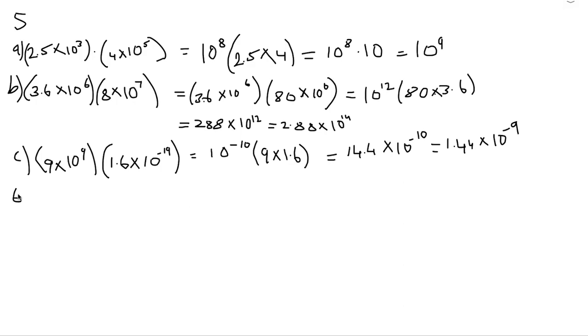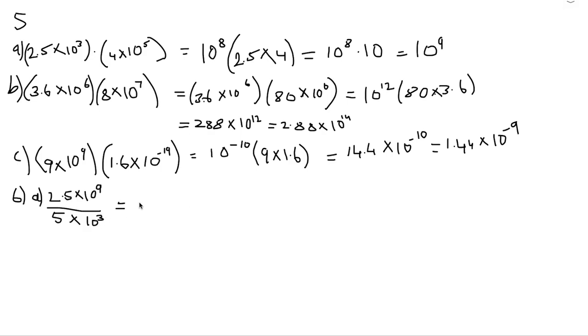Now the next set of problems, find the following quotients. We're going to find the quotients. First one, 2.5 times 10 to the power 9 divided by 5 times 10 to the power 3.